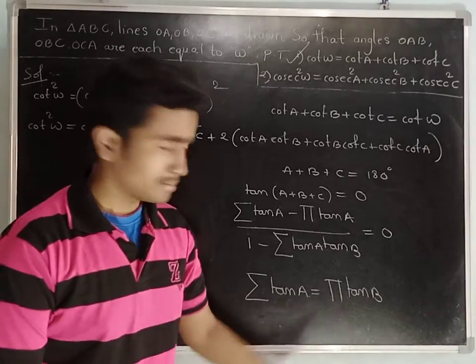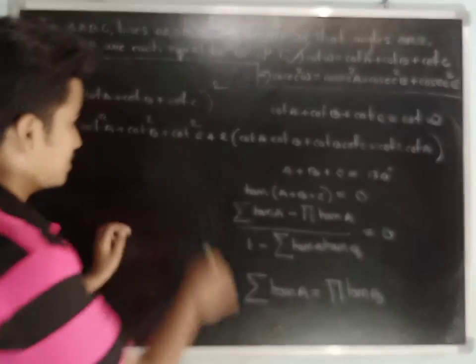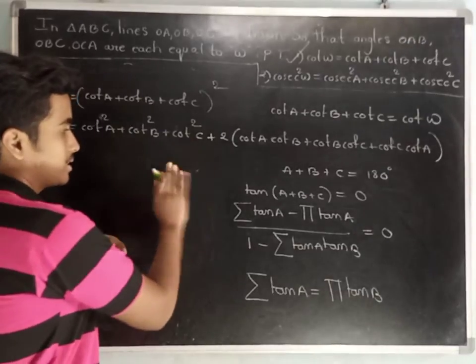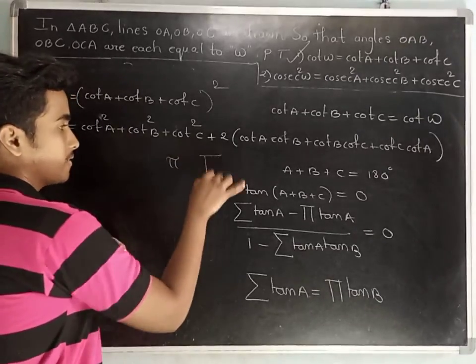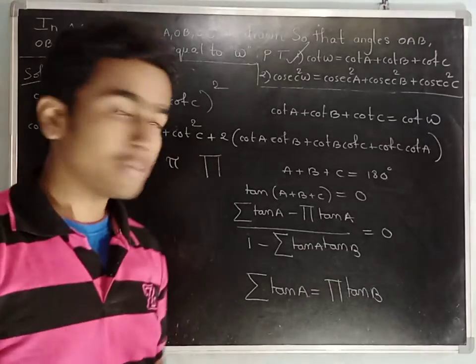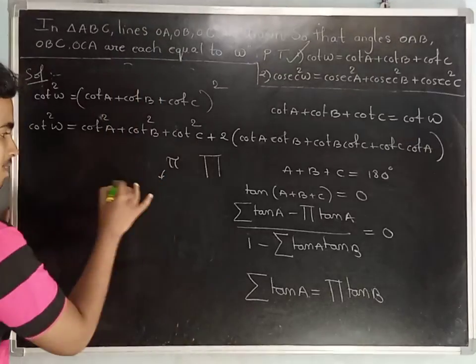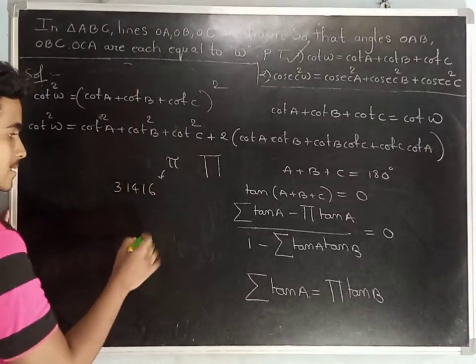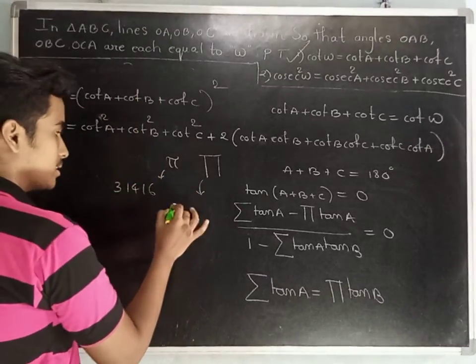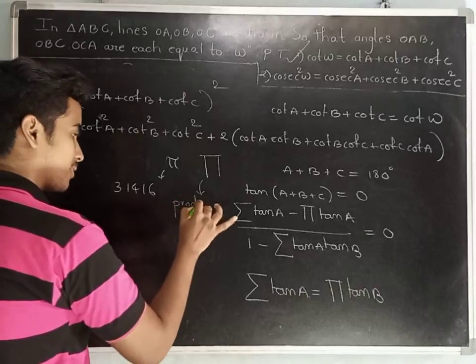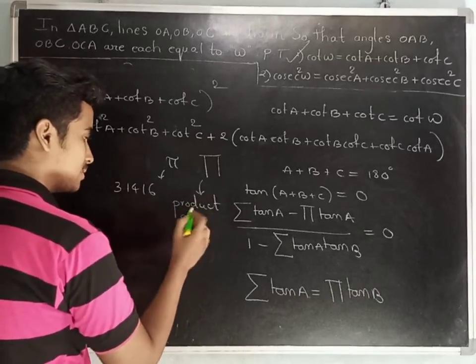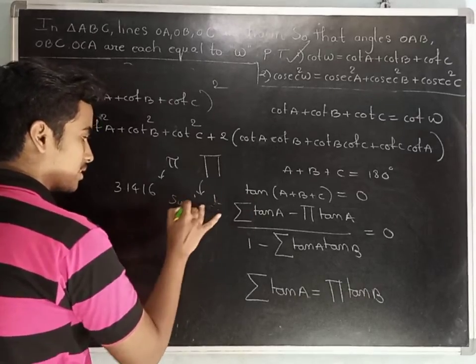It's capital pi. This is small pi. This is capital pi as per the alphabets in the Greek. Small pi is nothing but the constant 3.1416. Capital pi is a product symbol, successive product.